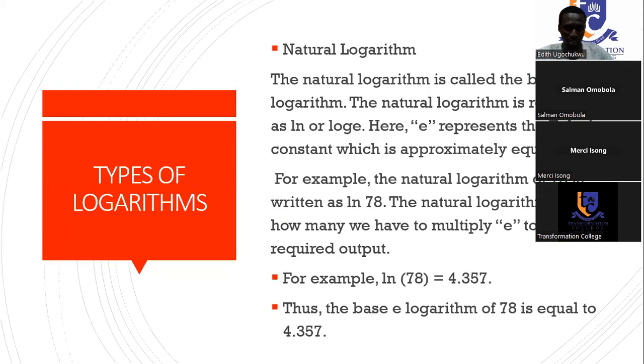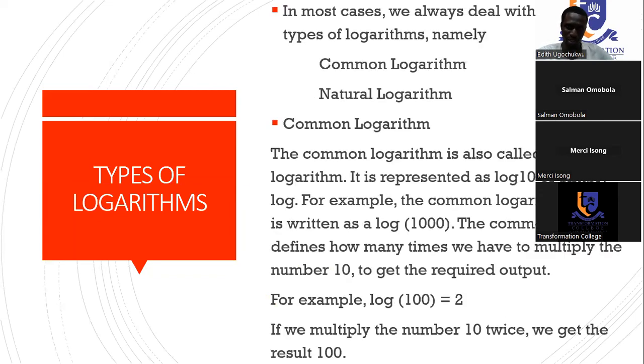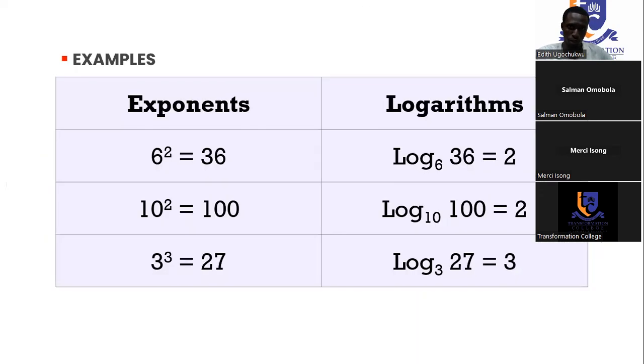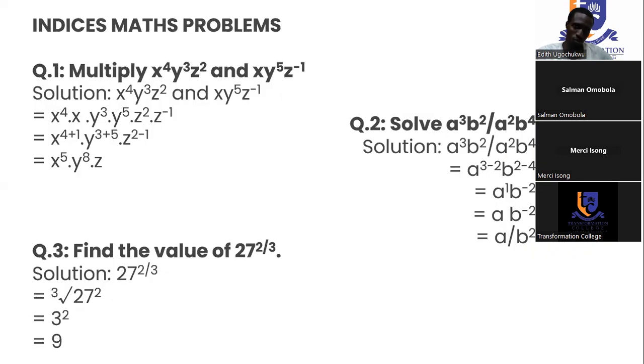The questions again. Number one, 3 raised to power 2 times 3 raised to power 6. Number two, 4 raised to power 5 divided by 4 raised to power 7. Number three, 7 raised to power minus 2.